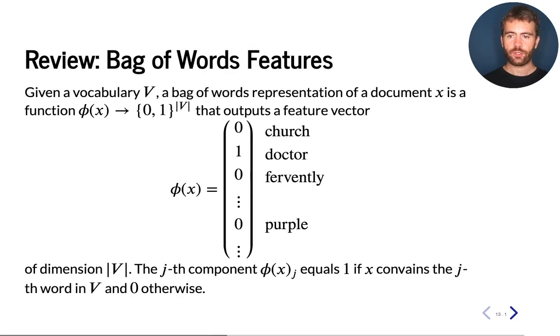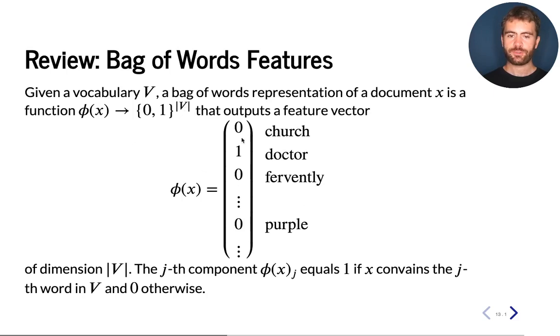And we saw in the earlier video that one of the main challenges of applying machine learning algorithms to this data set is how we can featurize this input X in a way that works with the algorithms that we have seen so far. The approach that we have proposed is called bag of words feature representation, which just means that given an input X, we have some vocabulary V, which is a set of words that we're going to consider.